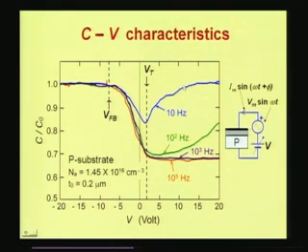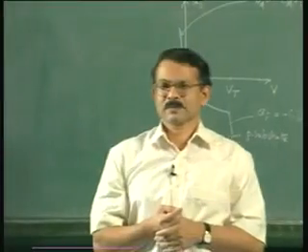Now what we need to explain is why is it that for high frequencies the capacitance does not go back to C0 but saturates at the point where it comes to the edge of the depletion layer. Okay. Now let us explain why this happens.